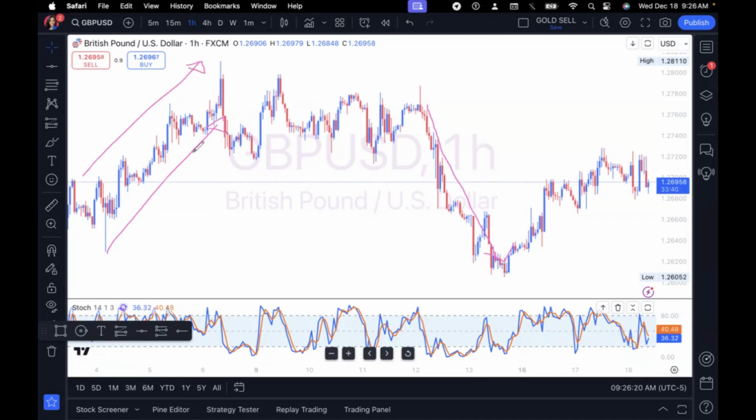We can tell this by the shape. It's just like being on an escalator. You know when you're going on an up escalator versus a down escalator. And you also know when you're at the airport and the escalator isn't going up or down, it's just moving sideways. So these are the main ways that the market can move.